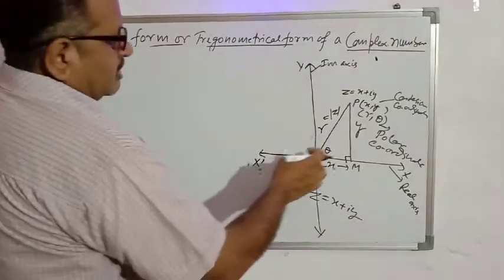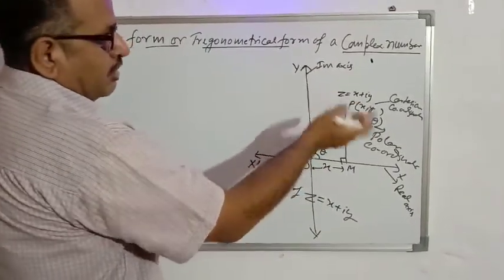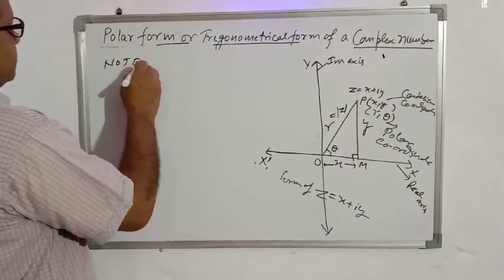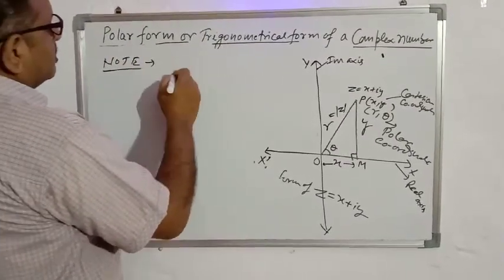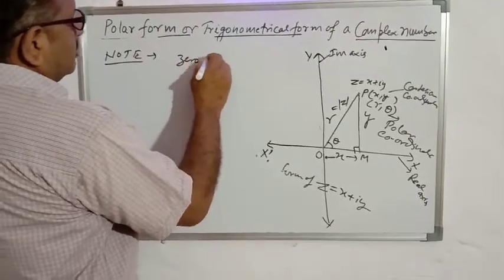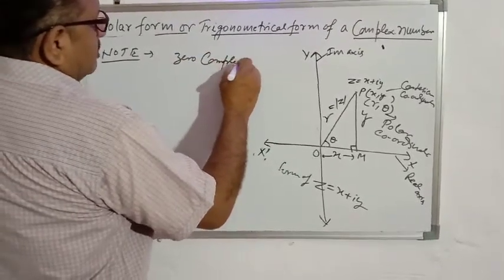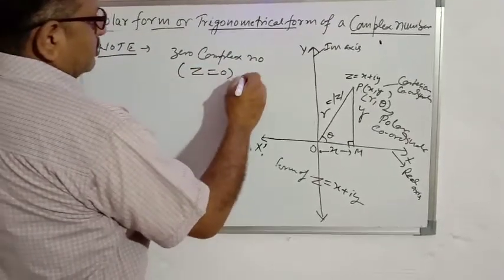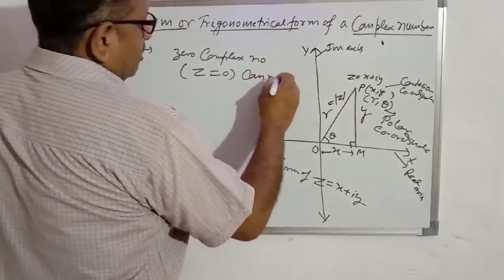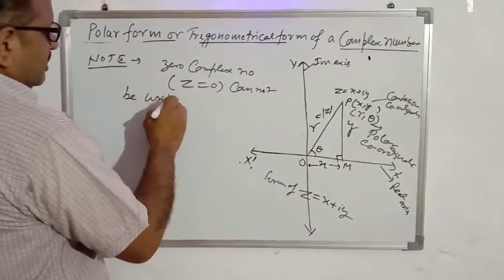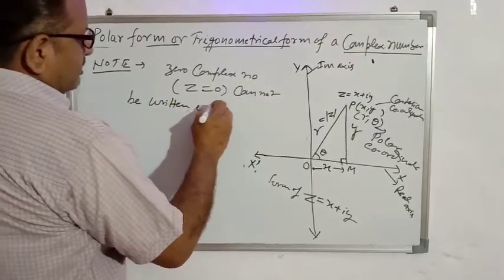We have to take a non-zero complex number. A zero complex number, meaning z is equal to 0, cannot be written in the polar form.